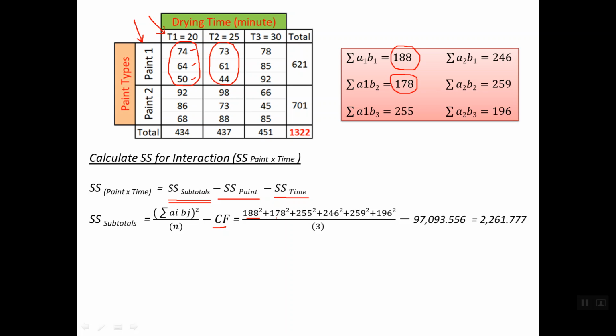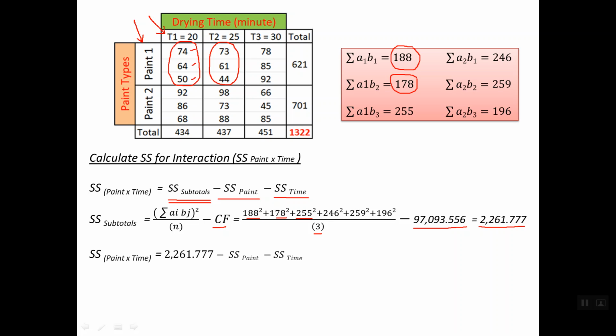So plus 178 squared, and you can continue the same technique, divided by 3 minus the correction factor. So this is the value of the sum of squares for the subtotals. Notice that this is not the SS total, this is the SS for the groups. We have 6 groups in our experiment.